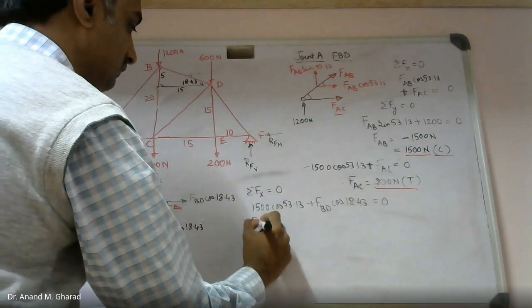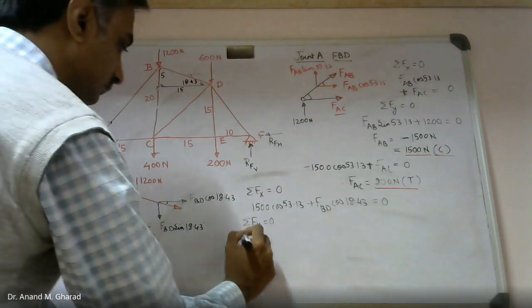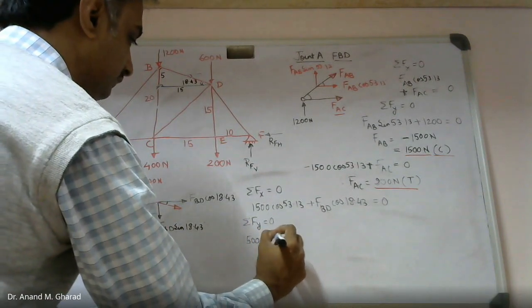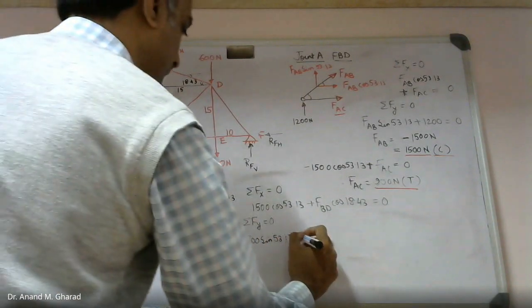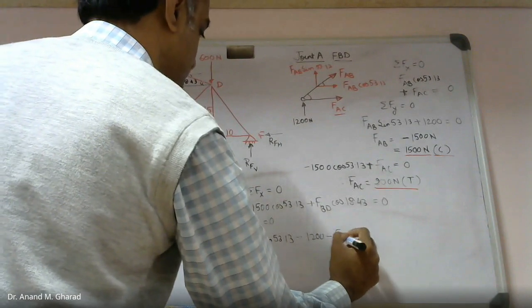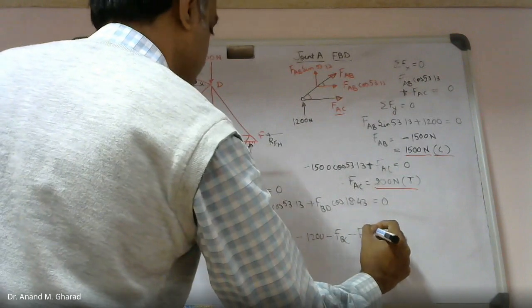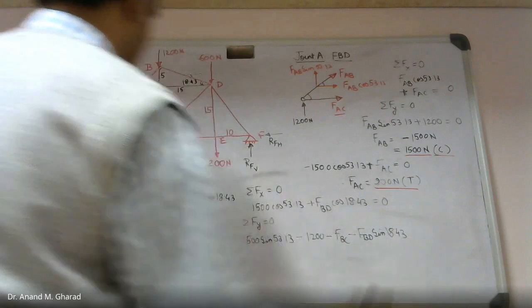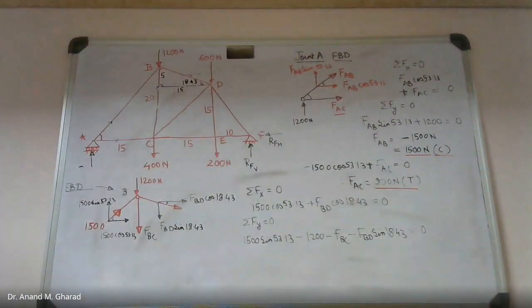Summation of forces in y direction equal to 0. 1500 sine 53.13 positive minus 1200 minus FBC minus FBD sine of 18.43 equated to 0.